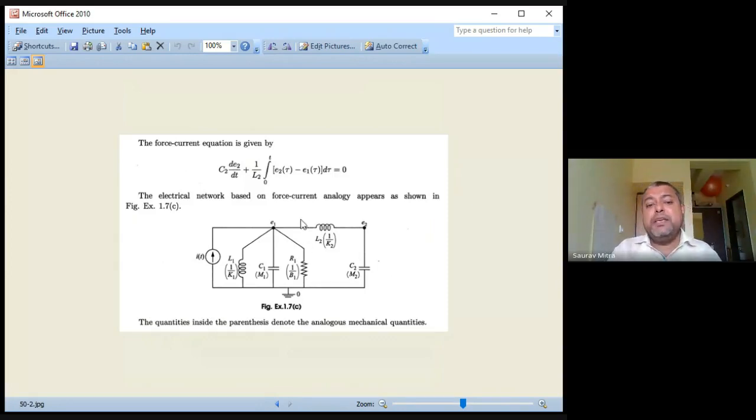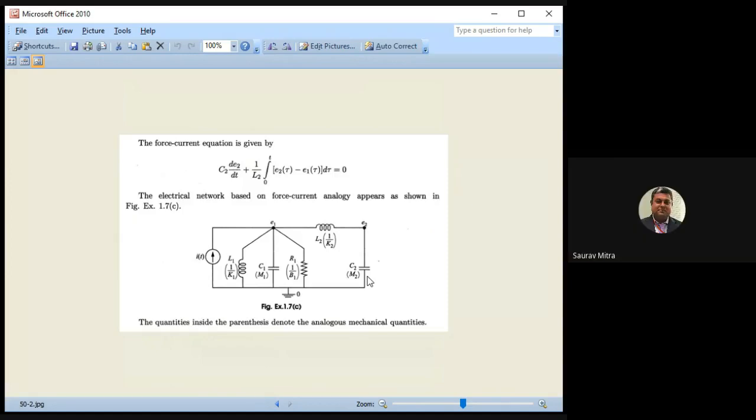Again, there was a spring between the first and second link, and this will be substituted by L2, with the value of L2 being 1 by K2. And the mass M2 is substituted by a capacitor. So we have written the FI analogy of the given mechanical circuit.